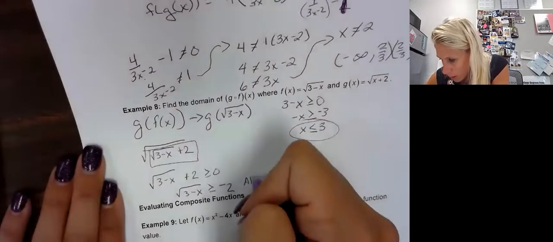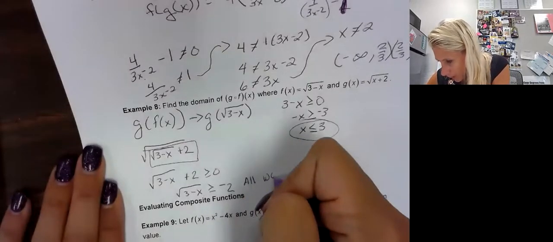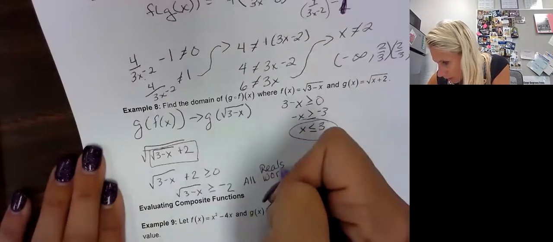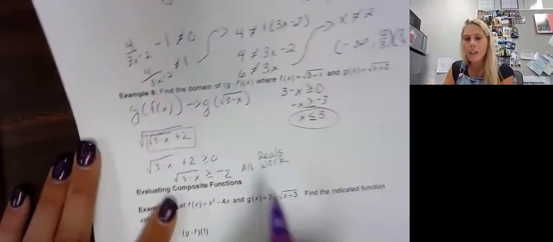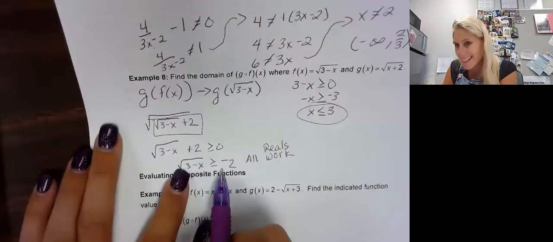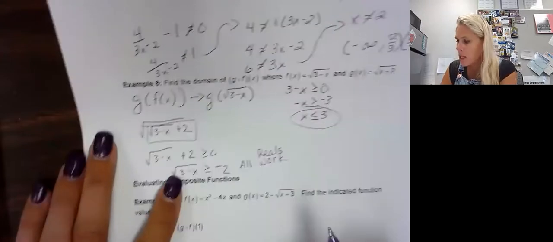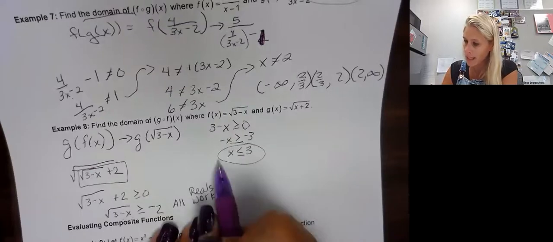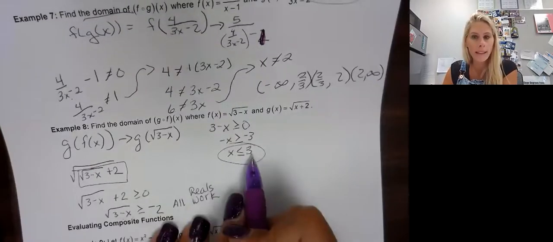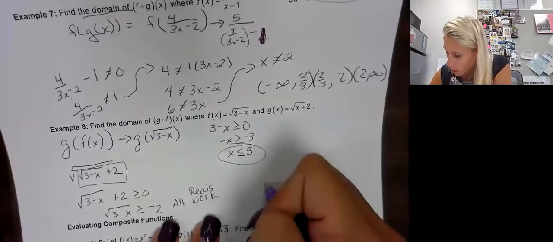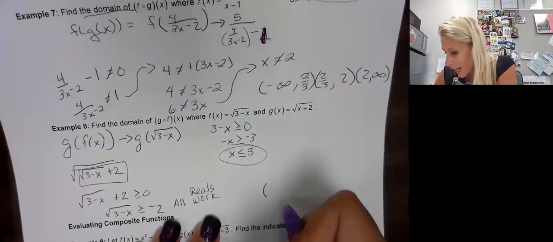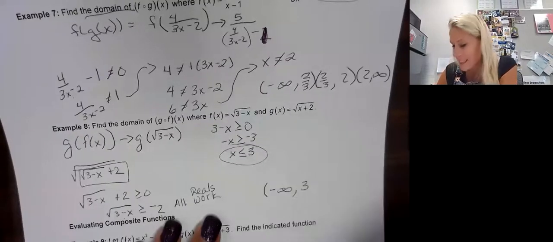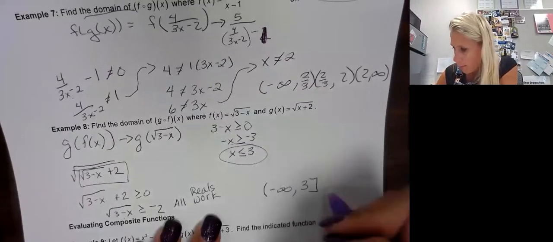All reals. Again, because you will never take a square root and get a negative number. Remember, they're all positive. So that means the only issue we have is that x has to be less than or equal to 3. So we go from negative infinity, and we're going to 3, and it's equal to, so we have a bracket.